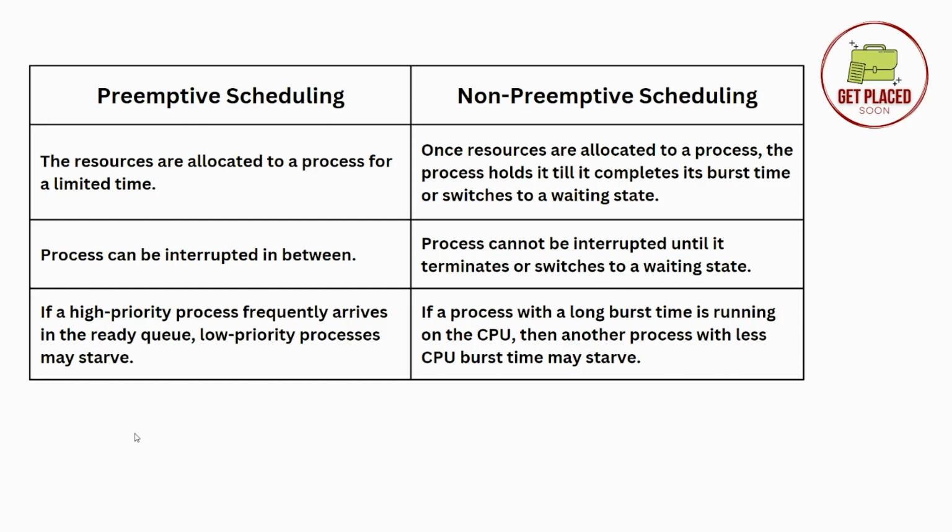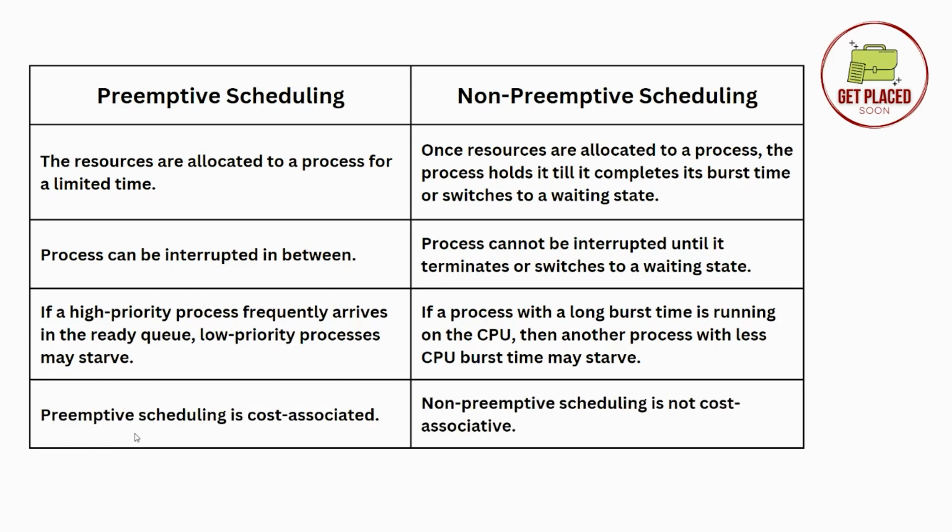So then A will be stopped and process B will continue. Whereas in non-preemptive scheduling, if a process with long burst time is running on the CPU, then another process with less CPU burst time may arrive. So until the long burst time process which is running on the CPU gets completed, the next process will not start.